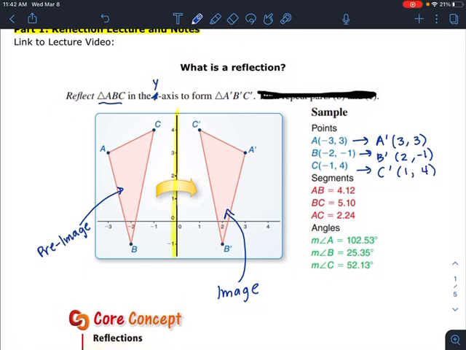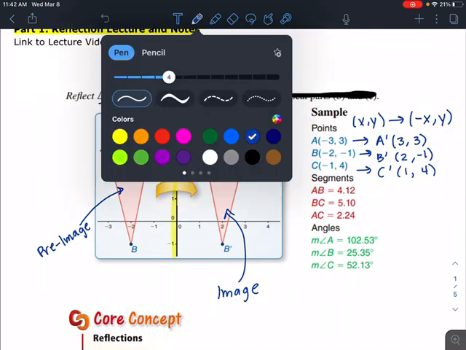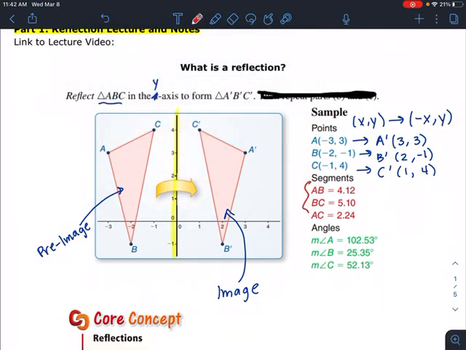So all that's really changing here is my x is now going to become -x, and y is still going to be the same, if you look at the rules. In terms of our segments and our angles, those don't change in length and size. This makes sense because this shape is undergoing a rigid transformation. It's not changing shape or size, it's just being reflected, in this case, across the y-axis.